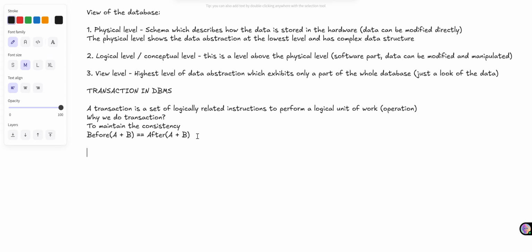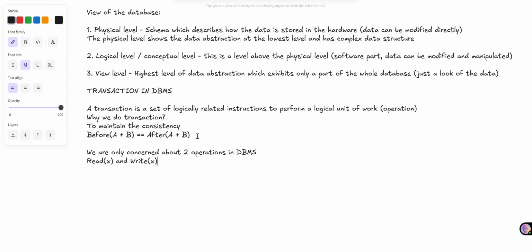Then we are only concerned with two operations in DBMS. What are the two operations? I can write here, we are only concerned about read and write.